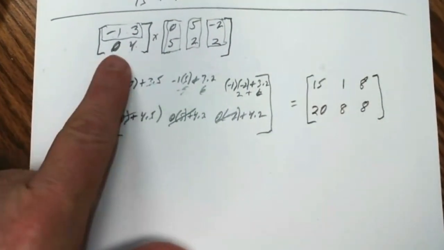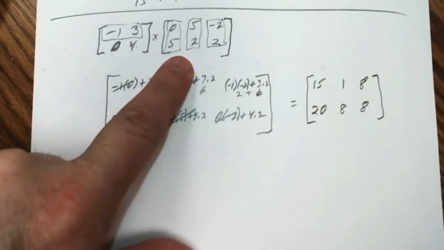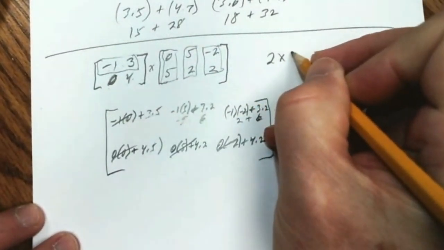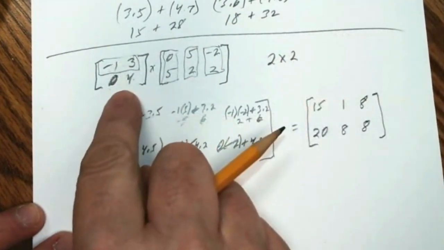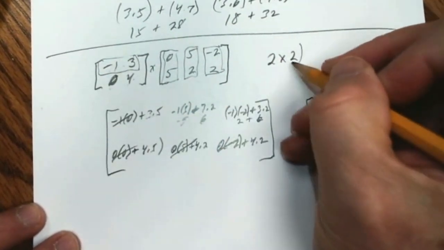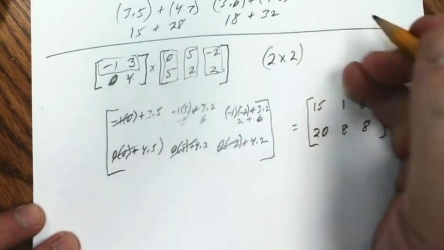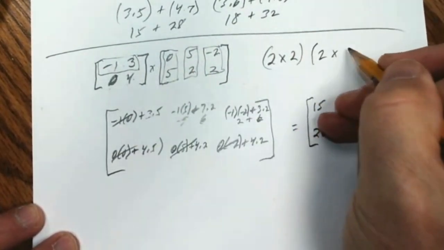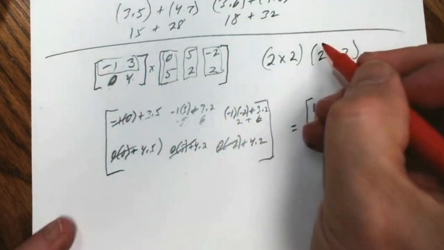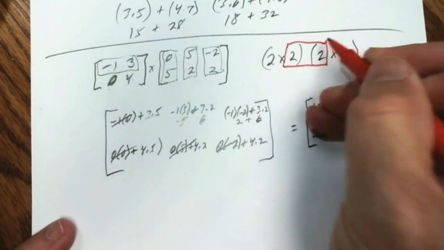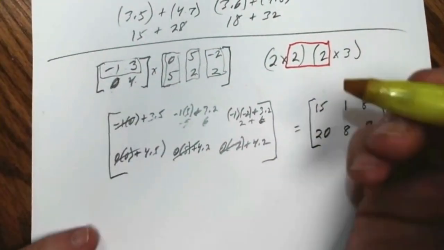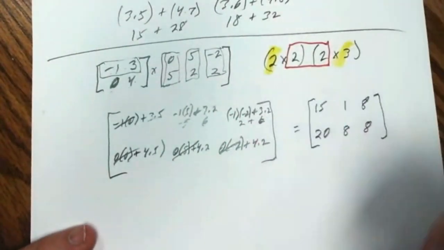So if we multiply E times B, which, when you check it, is a 2 by 2, 2 rows and 2 columns, multiplied times a 2 rows by 3 columns. Since the middle two numbers are the same, both 2s, we know that this will multiply, and the answer will be a 2 by 3.